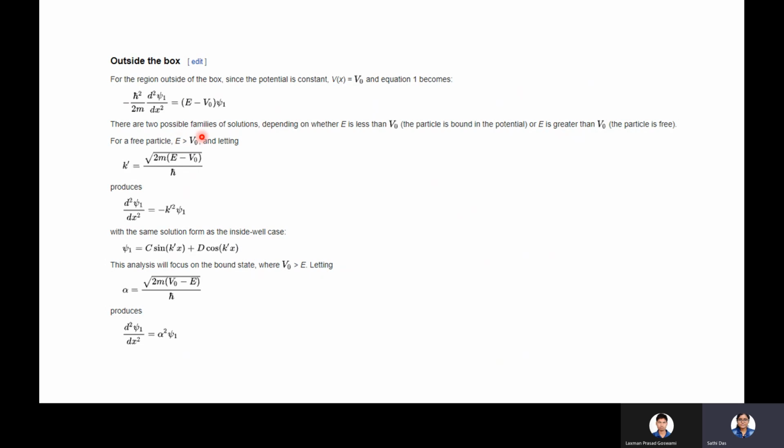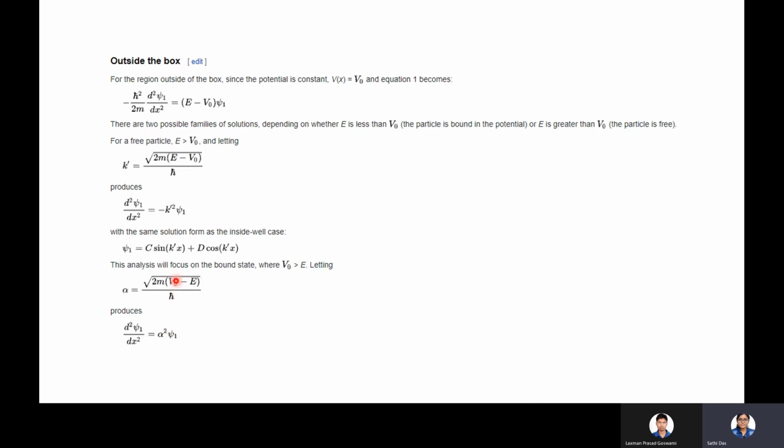So for a free particle, E is greater than V naught, and then k prime becomes root over twice m (E minus V naught) by h cross. Analytically we get this kind of solution. If we focus on V naught greater than E, that is, the particle is in the bound state, then we have to consider this alpha term, root over twice m (V naught minus E) by h cross, and d2 psi 1 dx2 equals alpha square psi 1.